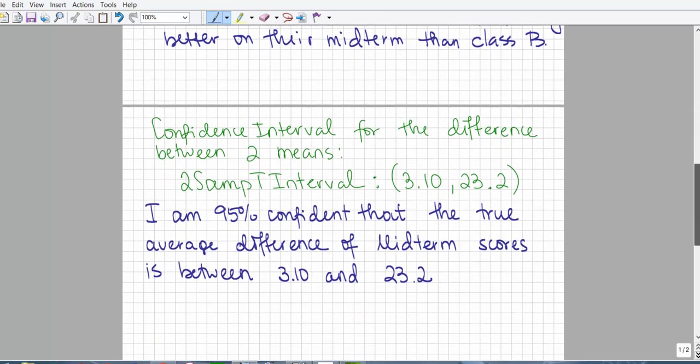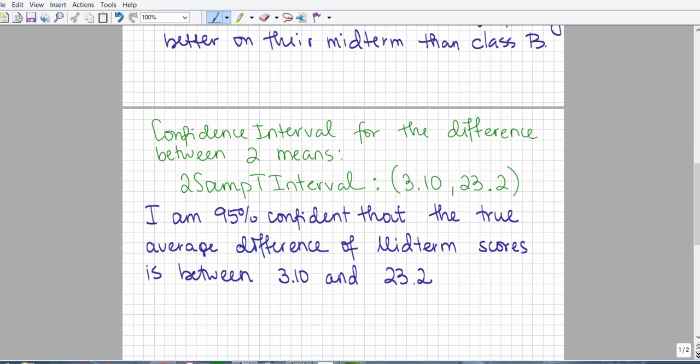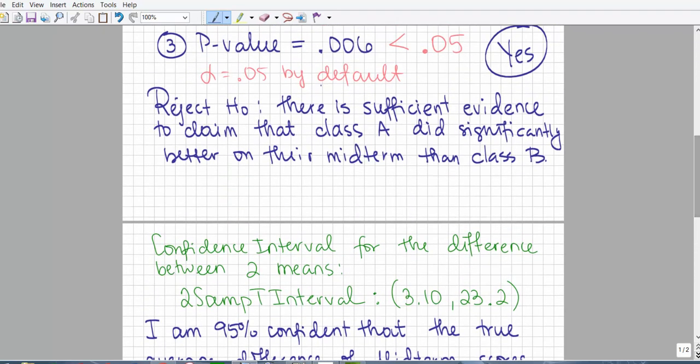By how much? On average, by this much. So 95% confident that the actual average difference is somewhere in this interval, between 3.10 and 23.2 points. Notice that there is no zero in this confidence interval. That is consistent with hypothesis testing rejecting the null hypothesis.